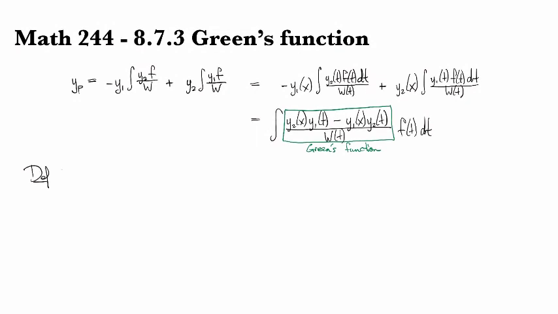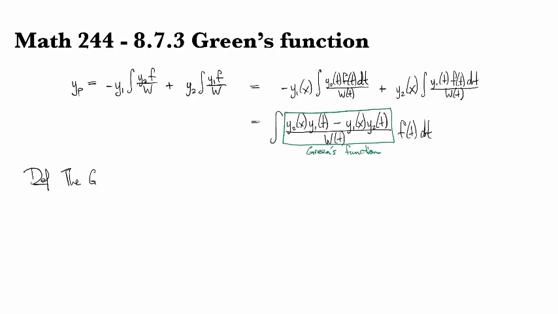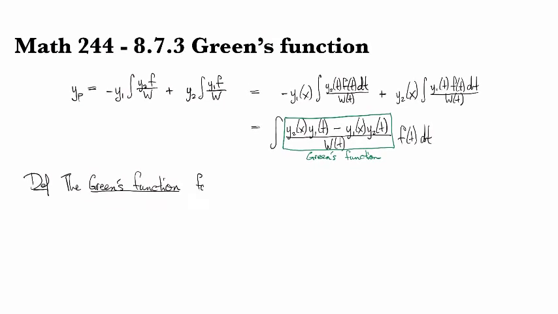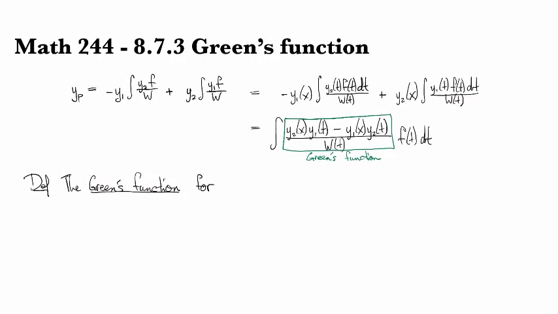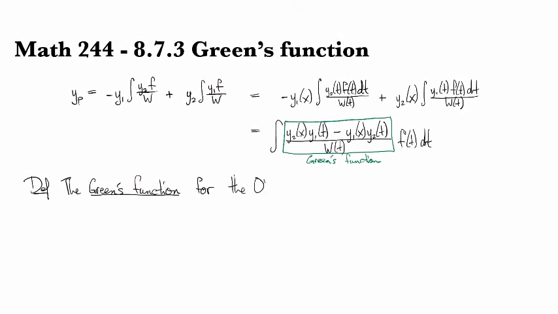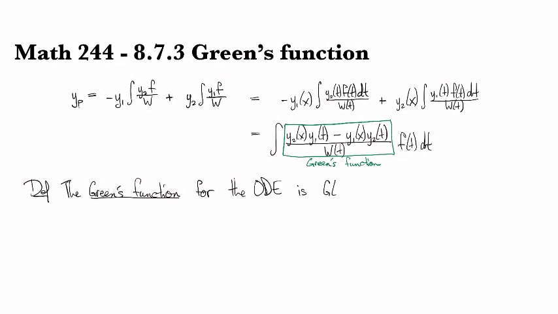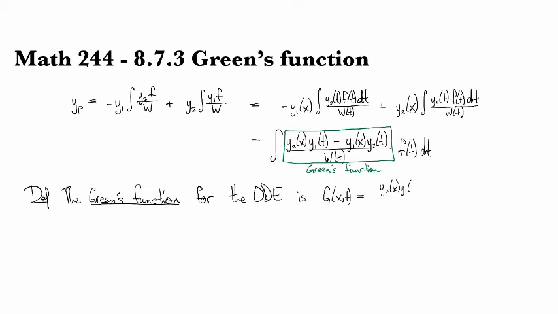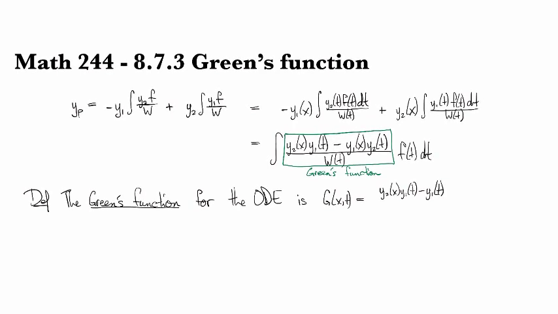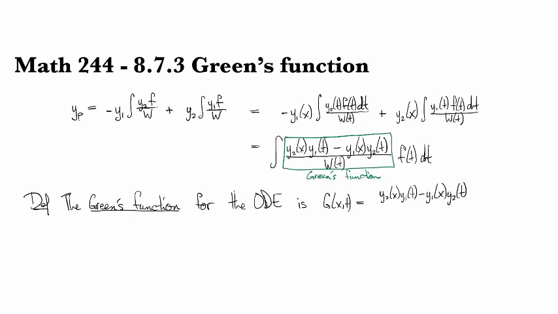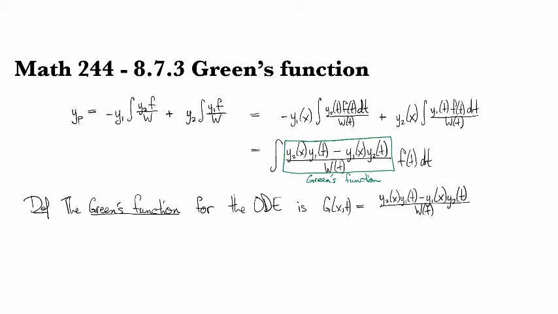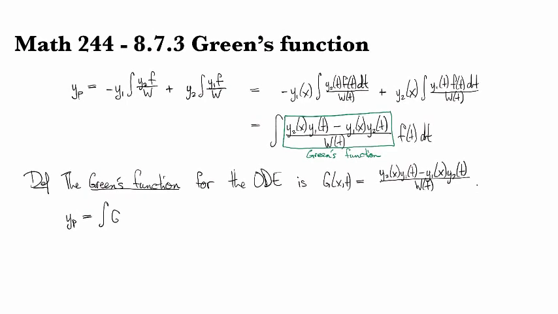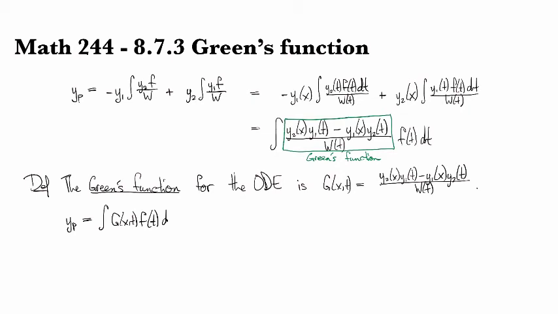So the Green's function is going to be this: y2 x y1 t minus y1 x y2 t over w of t, and then our particular solution just looks like the integral of G x t against f of t dt.